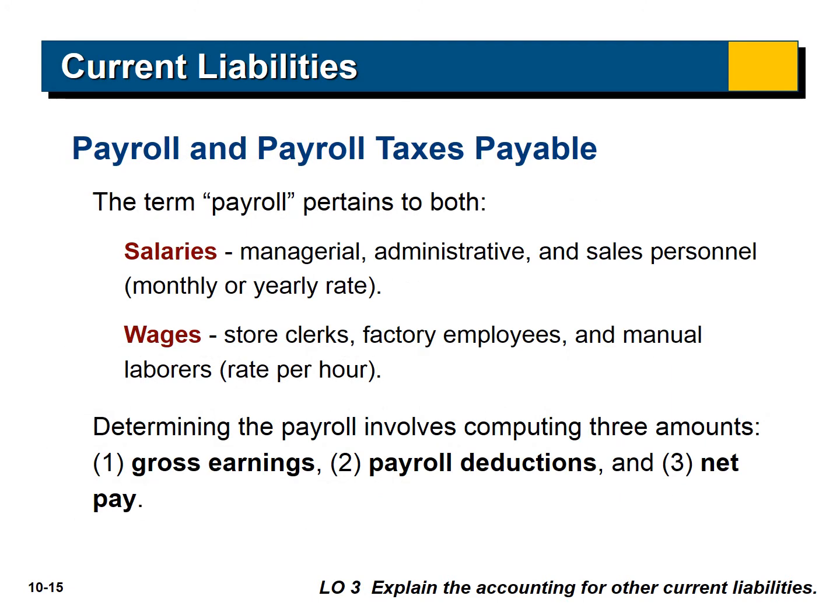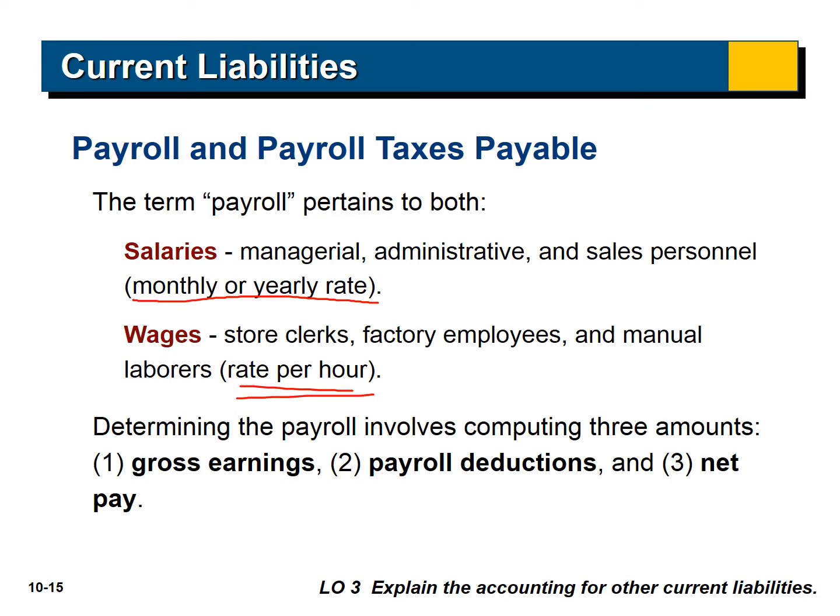Payroll and payroll taxes. The term payroll pertains both to salaries, which are managerial, administrative, sales personnel, and wages, which would be store clerks. They're paid normally by the hour. So there's a monthly or yearly salary versus an hourly rate.